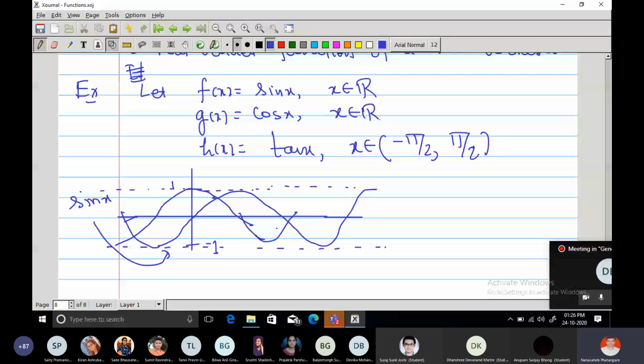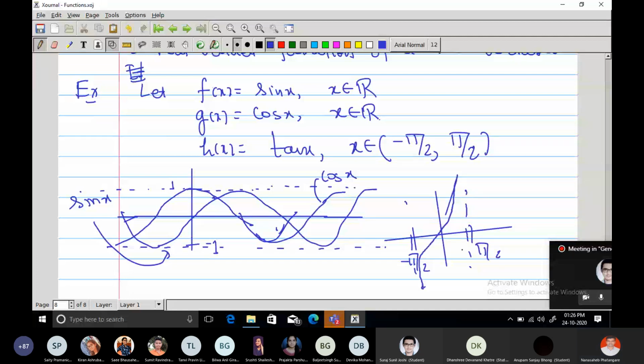So you know the graph of cos x, and the graph of tan x is from minus pi by 2 to pi by 2. As x tends to pi by 2, it tends towards infinity, and here it is minus infinity. So tan x.